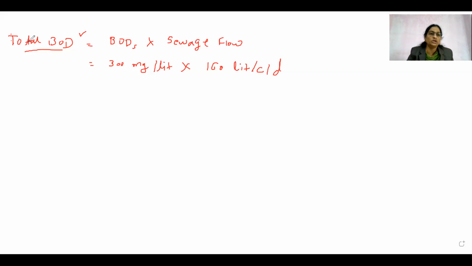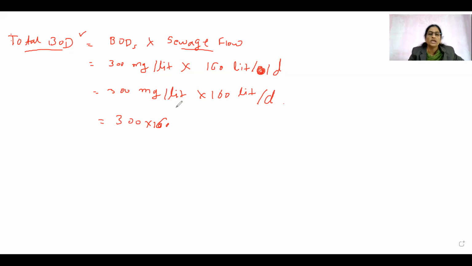But here we are finding the total by multiplying by the total sewage flow, so that capita gets vanished. It becomes 300 milligram per liter into 160. Capita means per head. So we are calculating the total now; we have multiplied by the total sewage flow, so there is no issue of capita. It becomes liter per day. Now 300 into 160, and this liter gets cancelled and it becomes milligram per day.